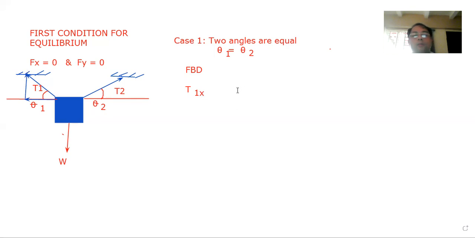So what are the values of T1y and T1x? Again, these components depend on our sine and cosine functions. The first value depends upon T1, and that will be T1 cosine of theta 1.